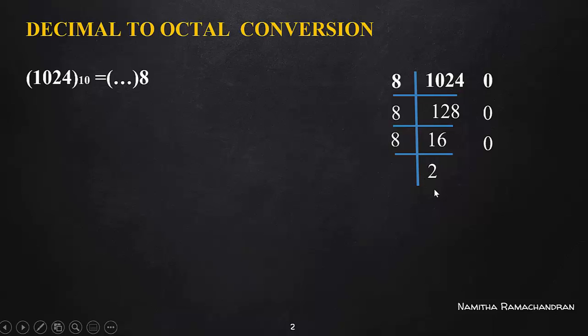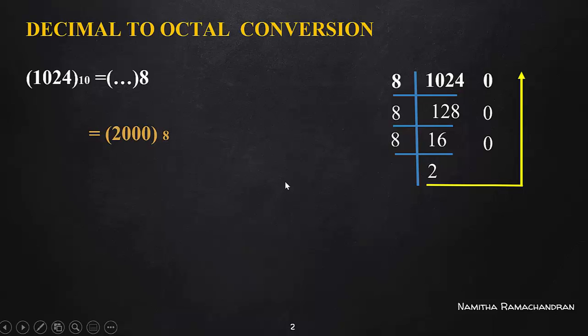Then arrange these numbers in this order. So this one is our octal equivalent of 1024 in decimal. The 1024 in decimal is equivalent to this number 2000 in octal.